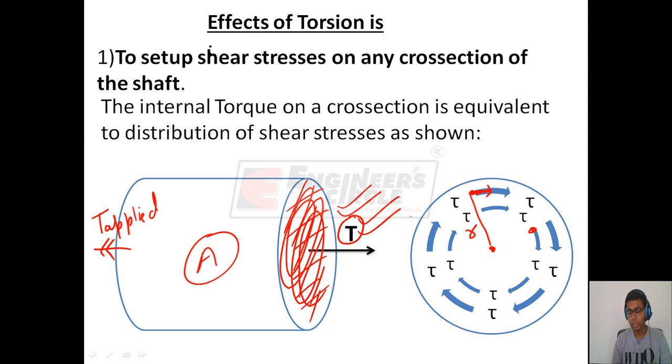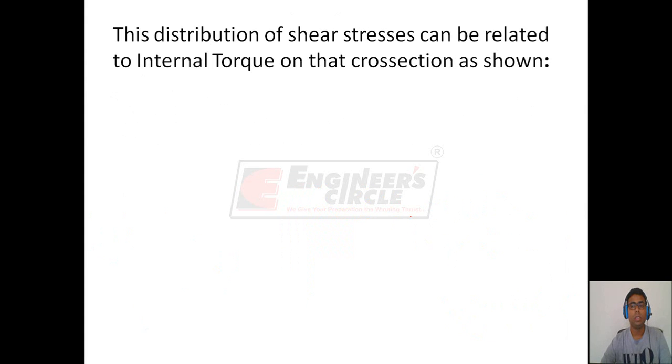Similarly, this shear stress will also be giving moment about this point, and the moment will be equal to this distance into the shear force acting at this point. So the distribution of shear stresses can be related to internal torque on that cross section.